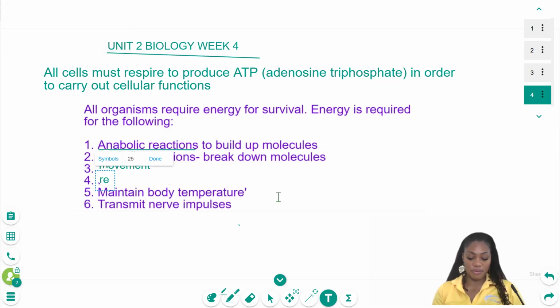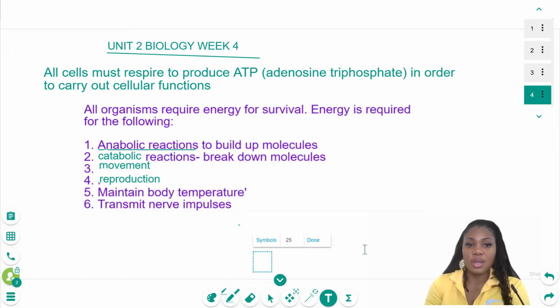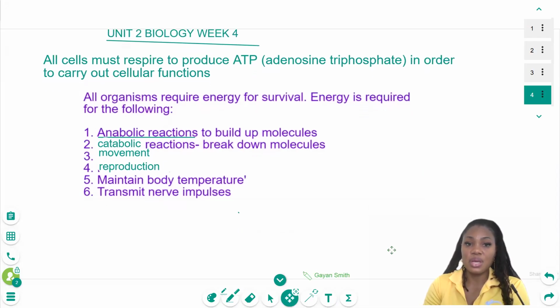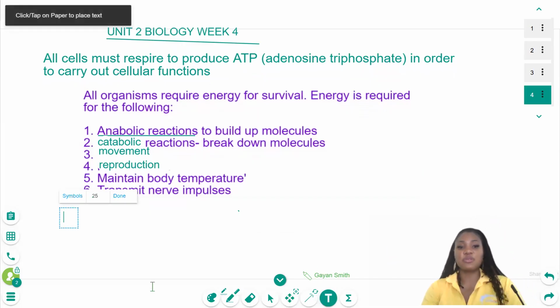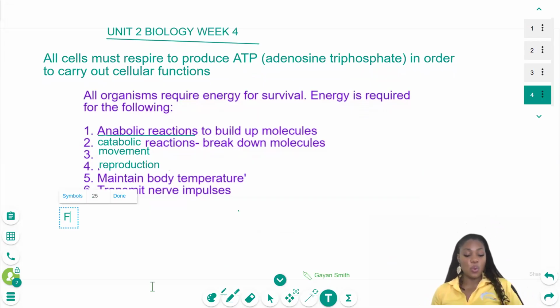These are just some of the functions of energy that all living organisms need it for. So the whole point of what I'm trying to say is that every cell needs to have its own supply of energy. You can't get energy from a neighboring cell. You have to do the process of respiration for yourself to generate your own ATP.